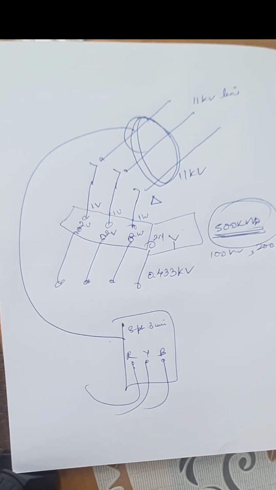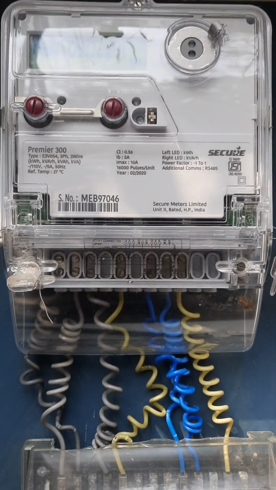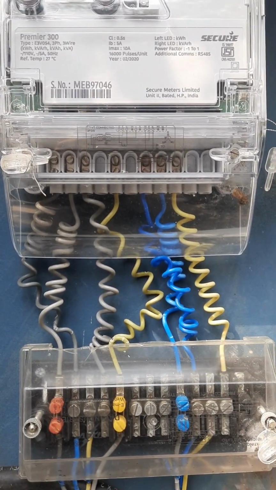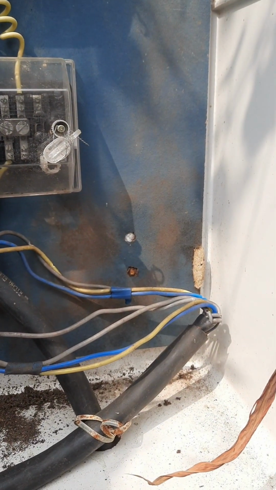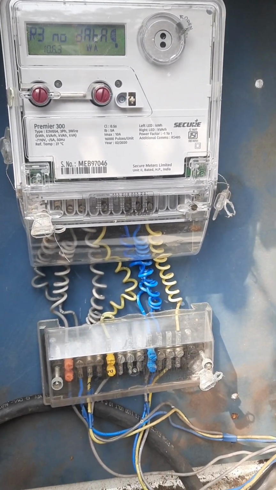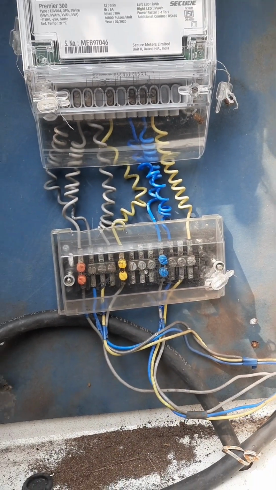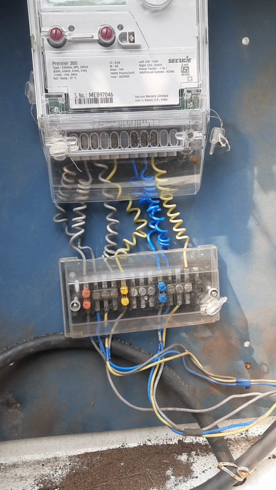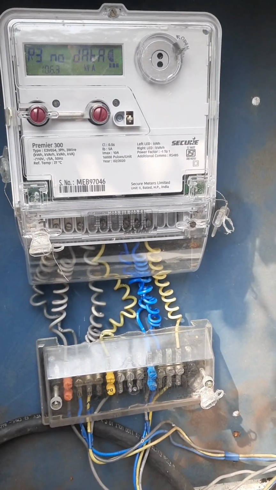And then regarding the current, we are basing our assumption on the fact that in case of HT metering, the current in Y phase will be the algebraic sum. We are assuming that it is a balanced load, right? It's the algebraic sum of R and B phase. So whatever current flows in R phase and B phase will be equal to that of Y phase. That's why CT is there only in R phase and B phase.